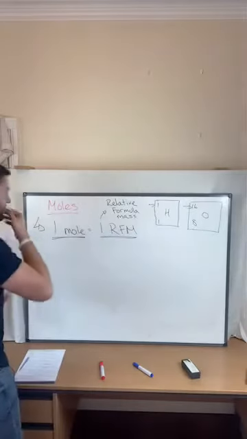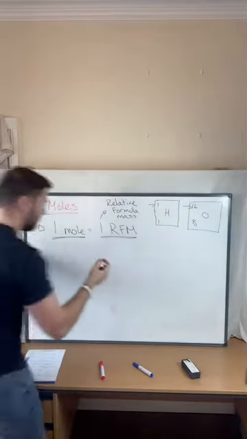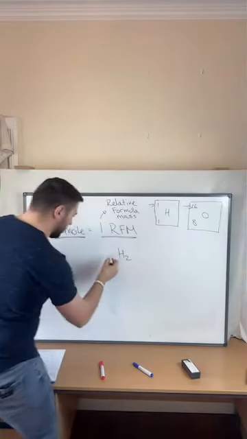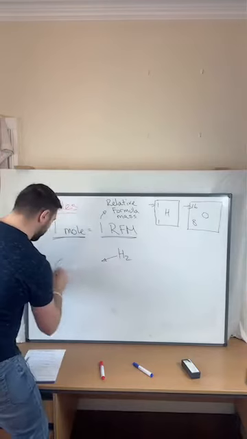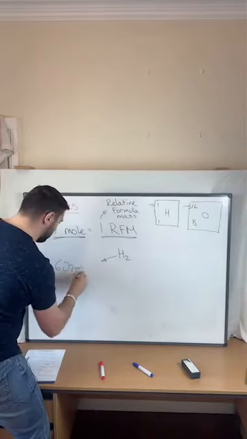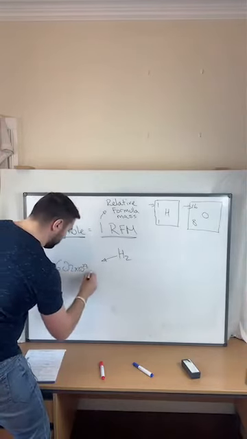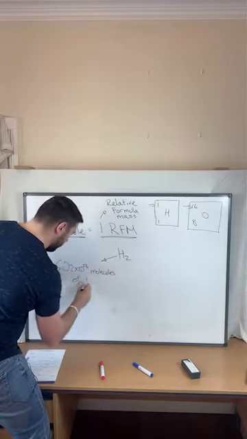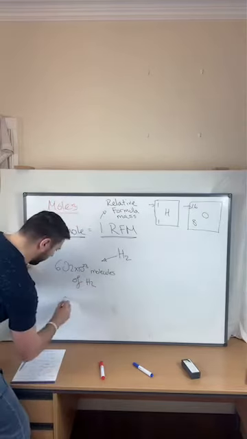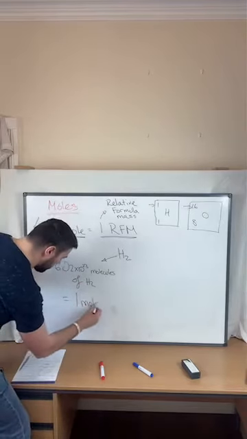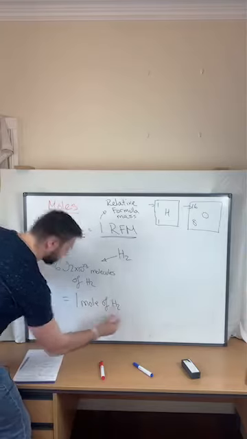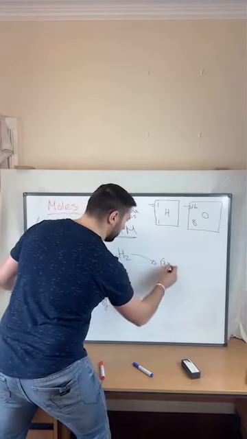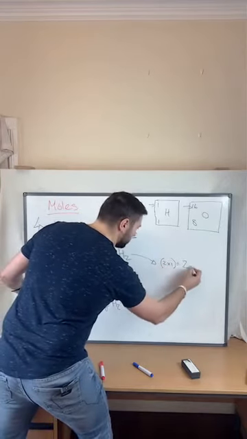So if I have something like, we'll keep it basic, we'll say H2, right? We'll go back to our H2 because that's what we were using. If I have 6.02 by 10 to the 23 molecules of H2, we can call that 1 mole of H2. If I have got 2 grams, because we worked it out a while ago, we said 2 times 1 is equal to 2, so 2 grams.